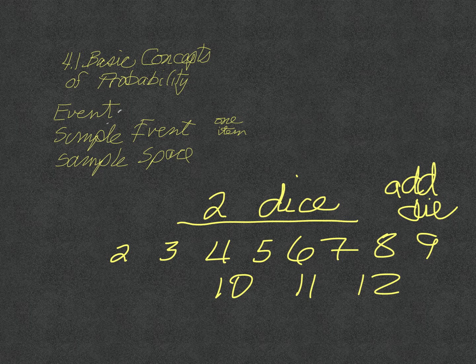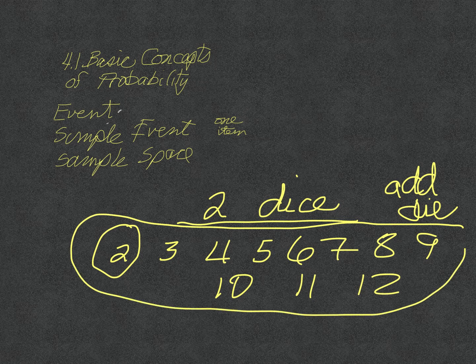Because when I roll a 2, I just get a 2. The sum is 2. It's a simple event. The sample space would then be the collection of all of these. And then an event could be all of them.